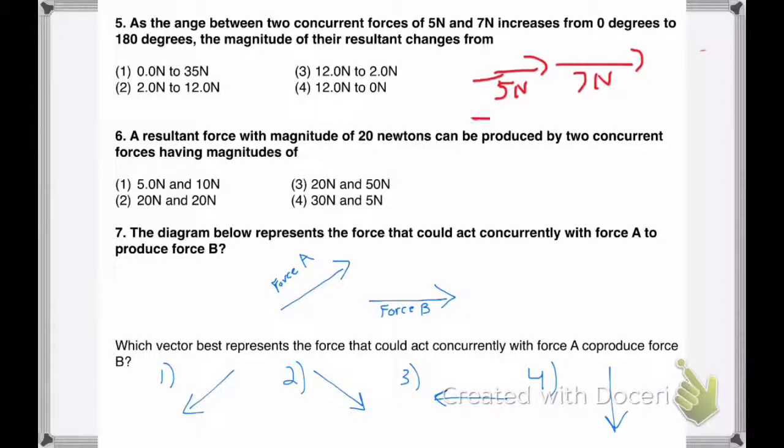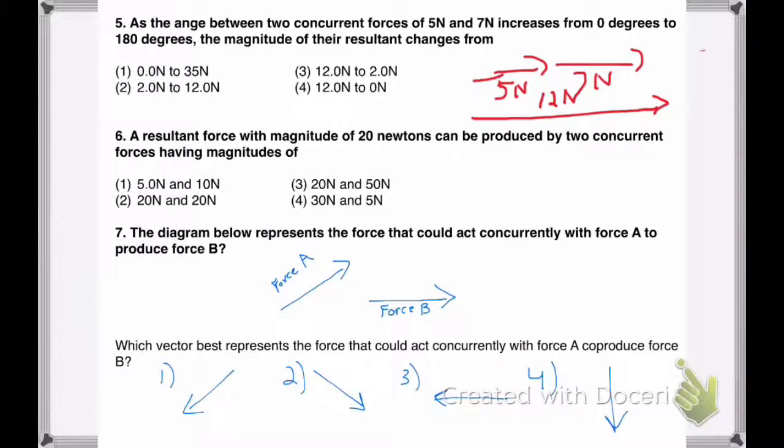Together, they would produce a resultant of 12 newtons. So right away, we can see that it's either going to be choice number 3 or choice number 4. But what happens when it's 180 degrees?